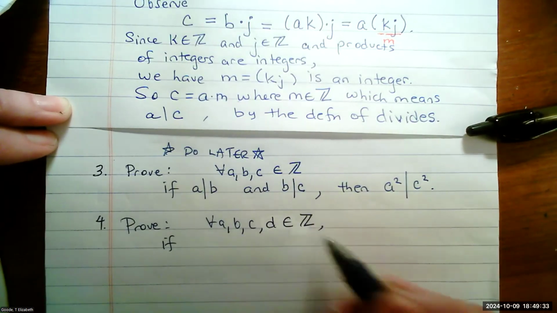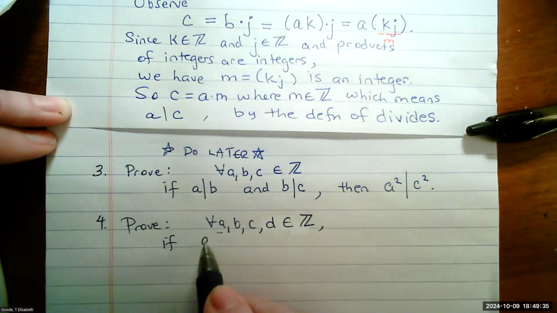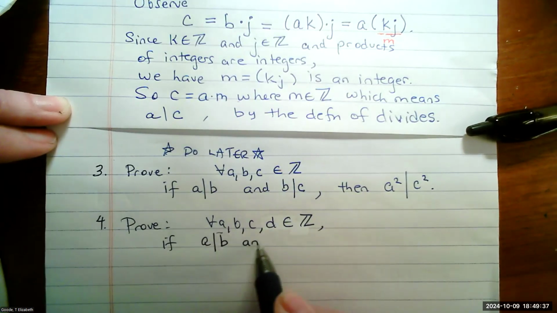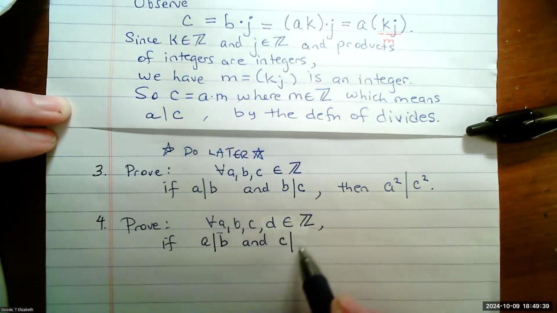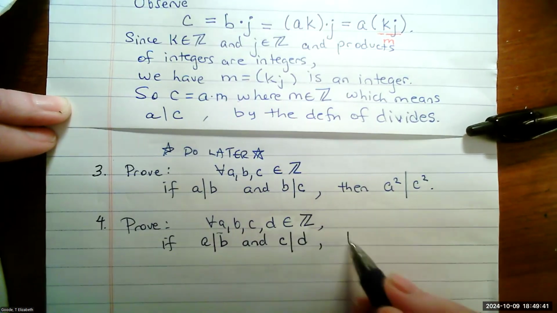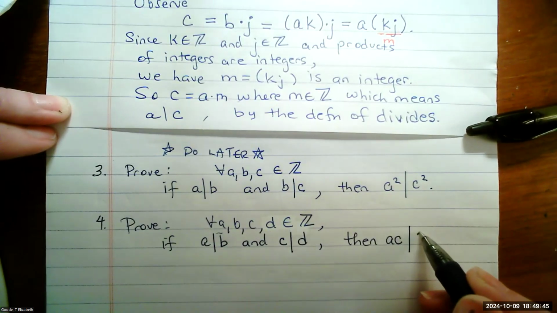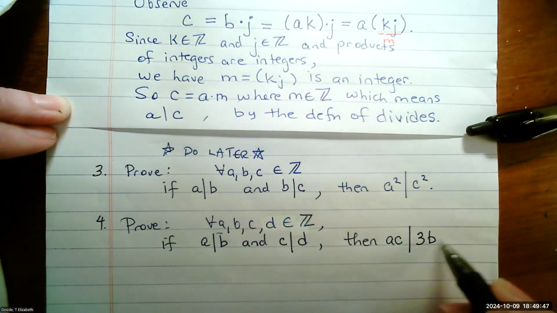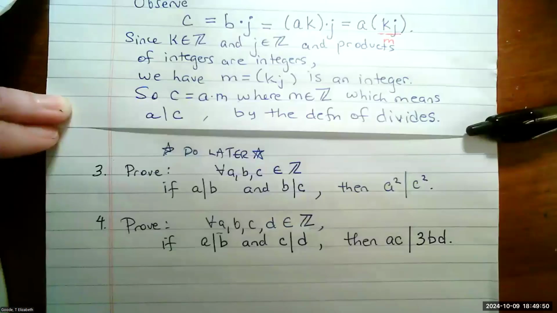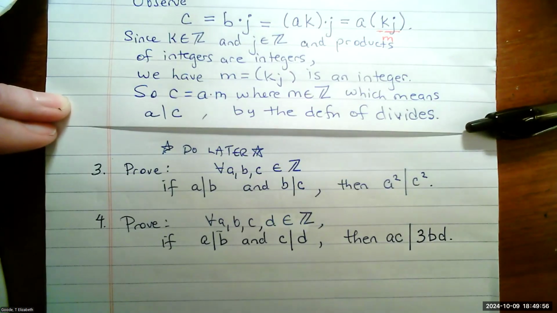I forgot the D. If A divides B and C divides D, then AC divides BD. So there's nothing hard about these. It just takes a little pencil pushing, and the practice should be helpful for you.